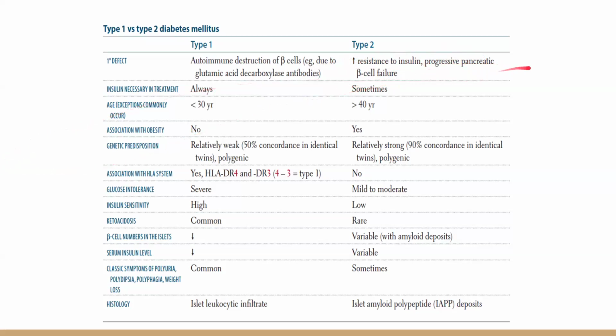Okay. Eventually, for patients with this, in a chronic state, you're going to use sulfonylureas, all of the other drugs that we mentioned, all the other treatments, because you can't depend on your beta cell insulin anymore. Insulin is necessary in treatment, always in type 1, because that's the main problem here, okay?